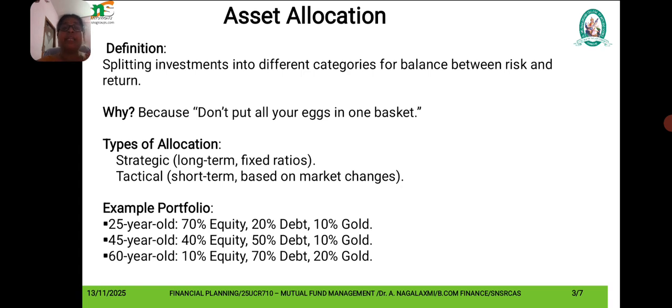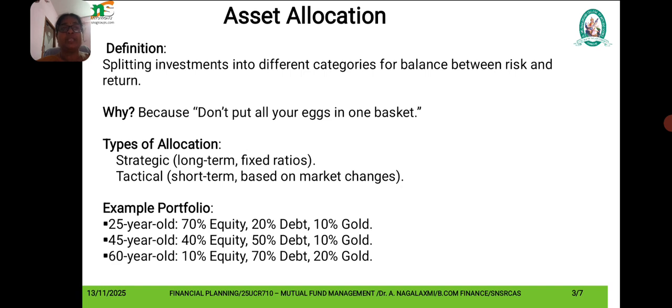That is, splitting investment into different categories for balance between risk and return. Why is it needed? Because don't put all your eggs in one basket. If anything happens, all the eggs will get broken and it will be wasted. So it is the right example for asset allocation.